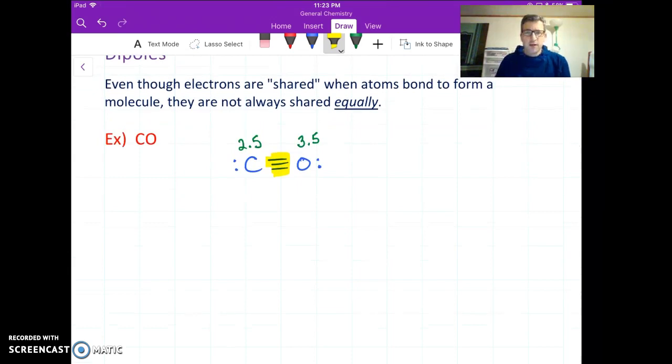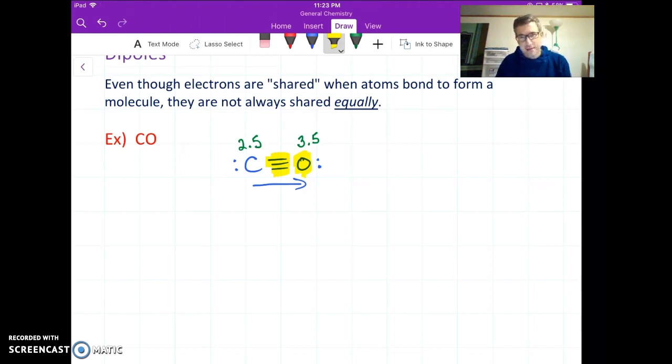And so because of this difference, we would say that the electrons shift more towards the oxygen end of the bond. They spend more of their time at this end of the bond than at the carbon end. And so that arrow that I just drew to show which end of the bond the electrons shift toward is actually a dipole.